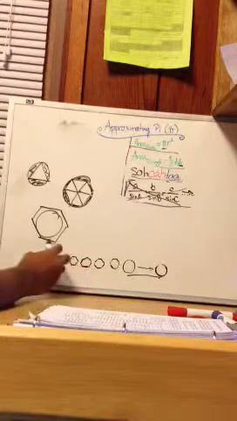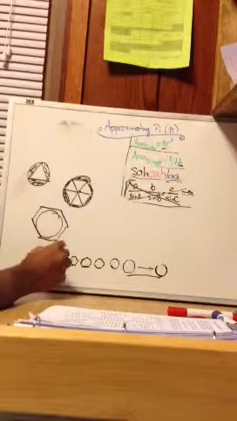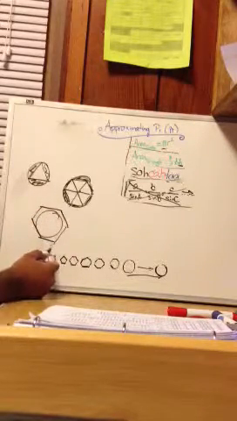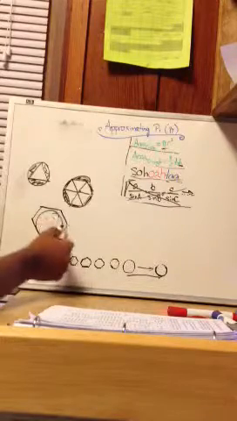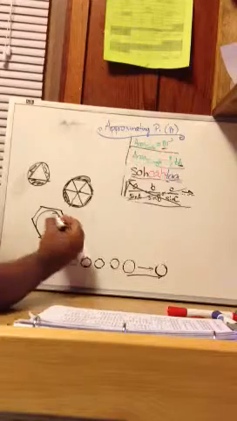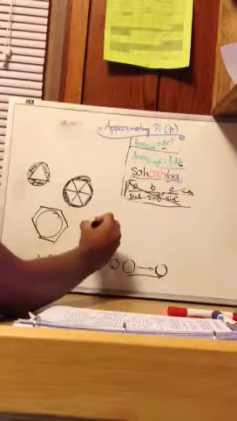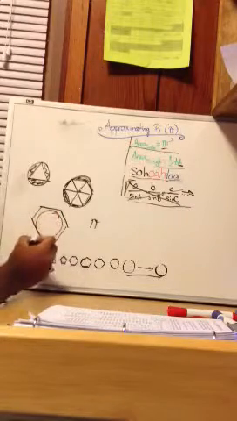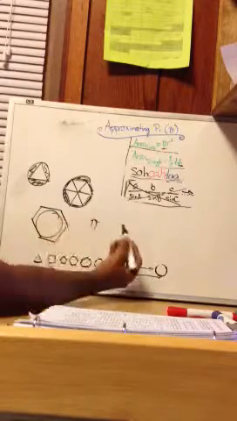Because when I was calculating the area of a polygon around a circle, I was actually doing a hexagon, and I got that the area of the larger hexagon would equal 3. And that makes absolutely no sense, because the area of the circle is pi, and since the hexagon was greater than the circle, how can the area be 3?